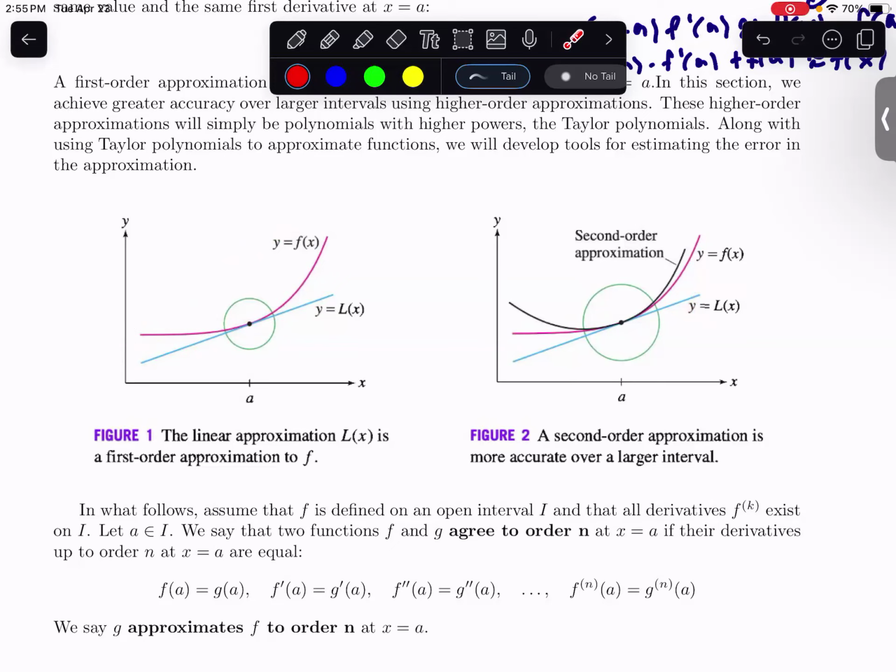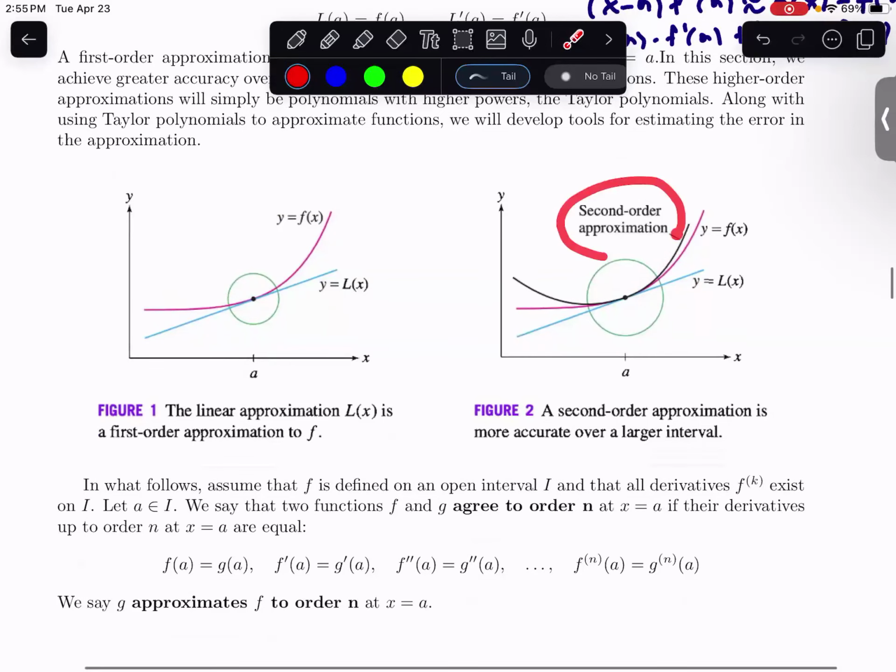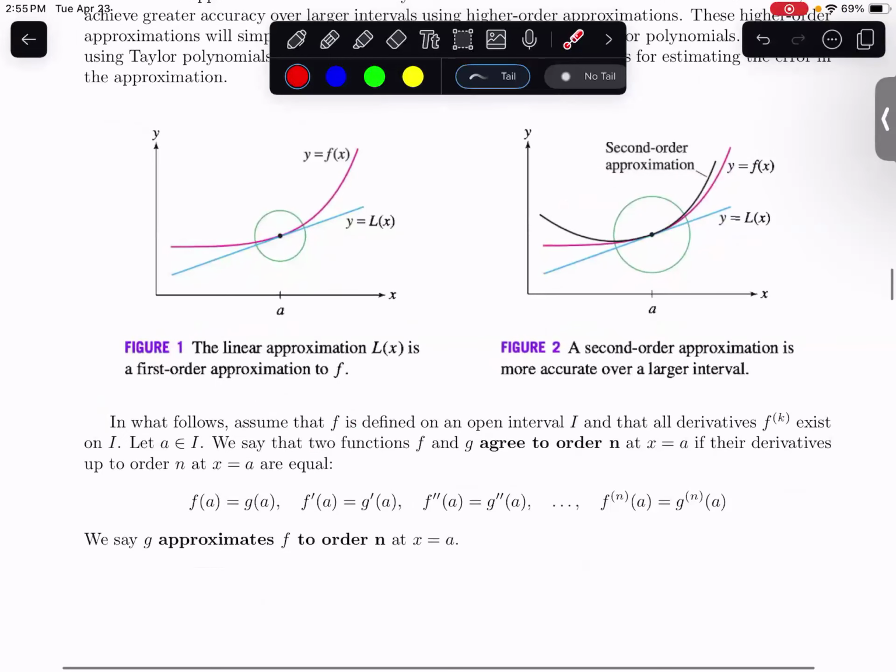We instead get a quadratic function that almost matches the curve y equals f of x. After the second order approximation, you can do a third order, fourth order, and it'll get closer and closer. We'll look at and graph a couple of examples to see exactly what's happening.